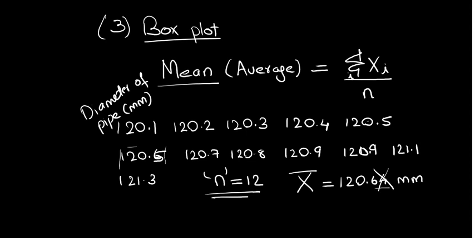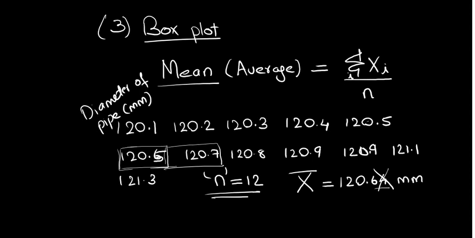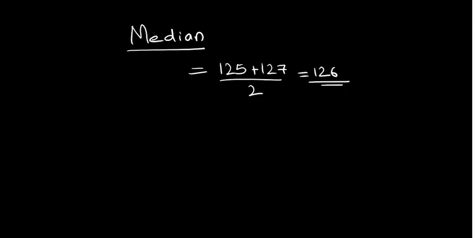So especially in case of an even number of observations, you have to take the average of the two values lying in the middle. For example, in this case 120.5 and 120.7, so you take the average. Sorry, I have written it wrong.